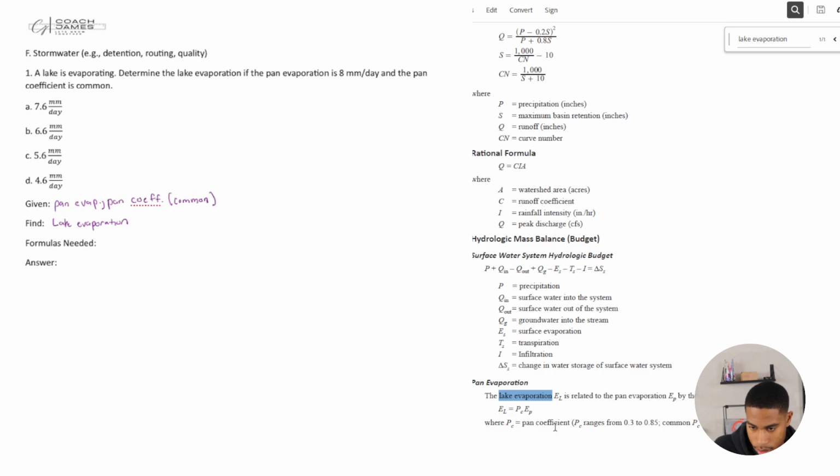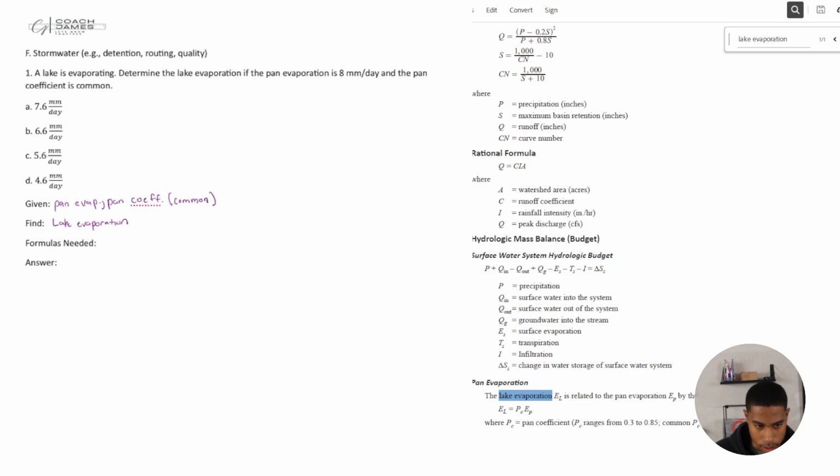Pan coefficient ranges from 0.3 to 0.85. Common is 0.7. So, okay, we know PC. We know it's common, right? Which is 0.7. And then EP. What is EP? EP is the pan evaporation. So do we have the pan evaporation? Yes, at 8 millimeters per day.